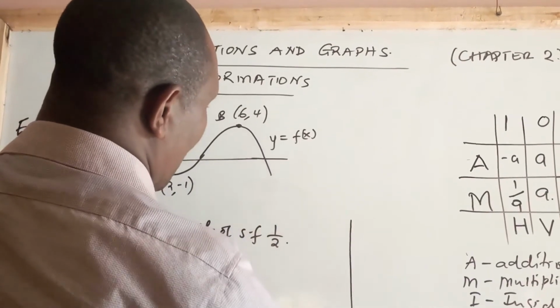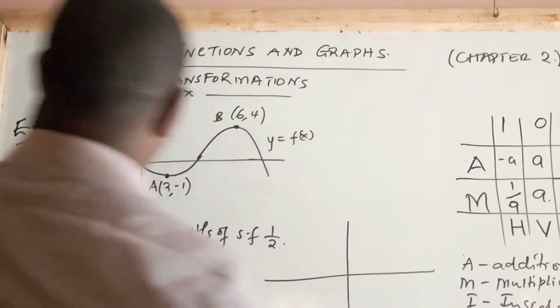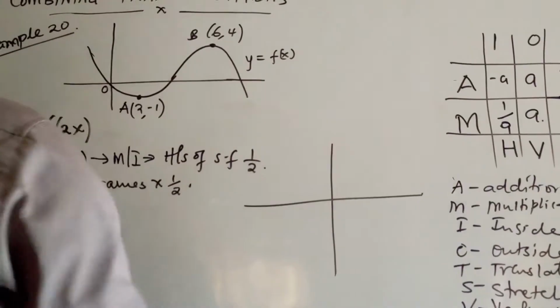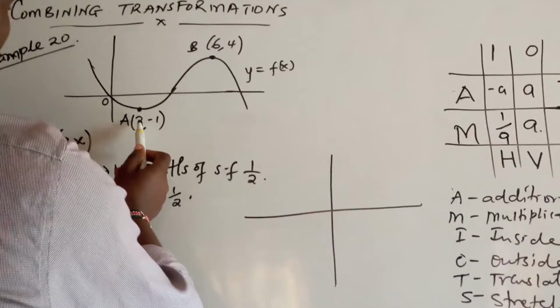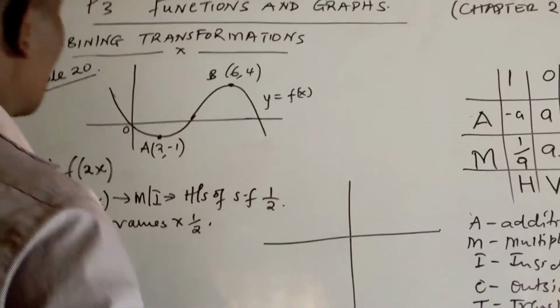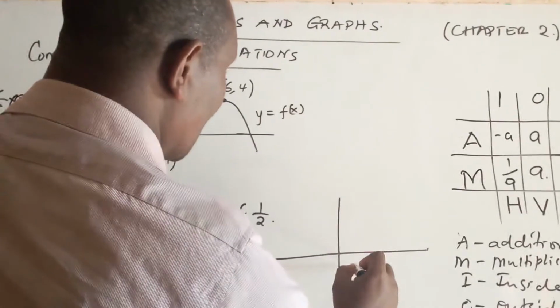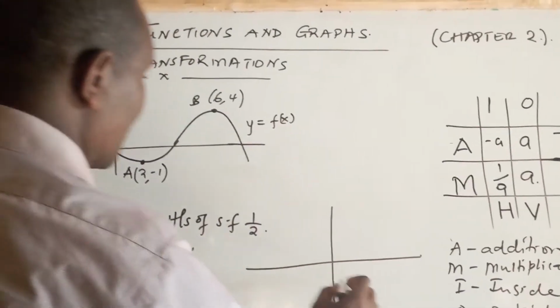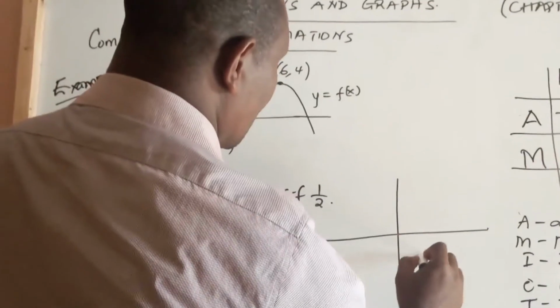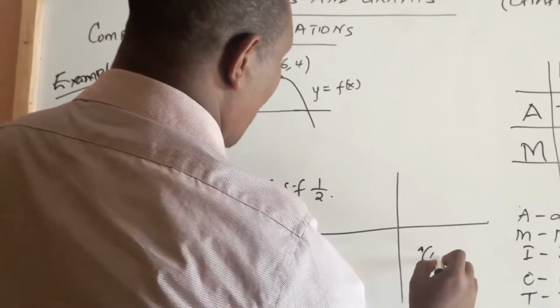And we bring it over here. 0 times a half remains 0. But you can see 2 times a half is going to be 1 because it's going to be divided by 2. So there is a new point A, which is there, 1, minus 1.